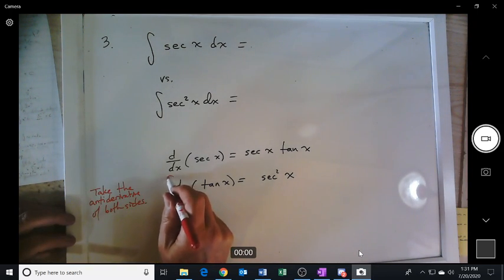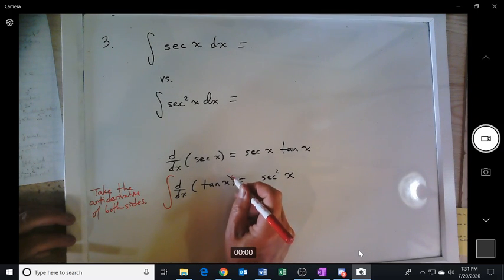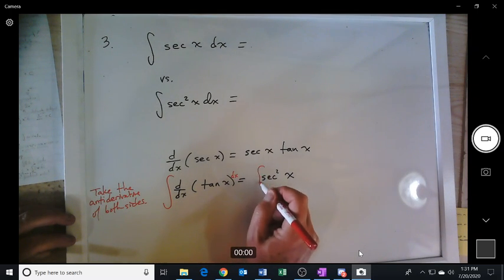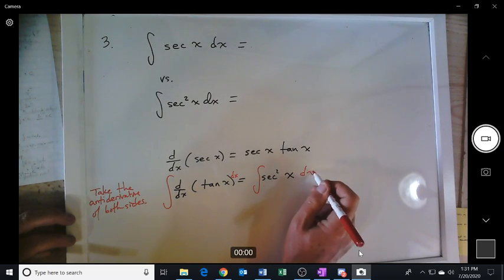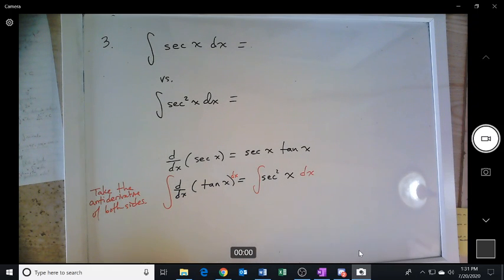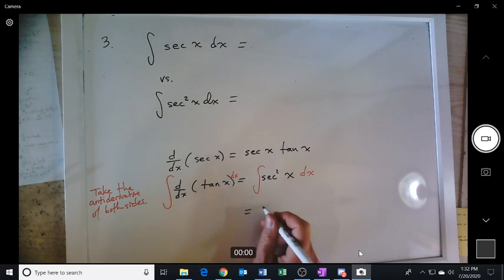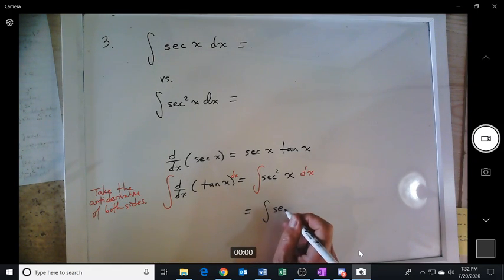So I'm going to do this and stick a dx, with respect to x. Okay. Now, what's going to happen is the right-hand side is just this.